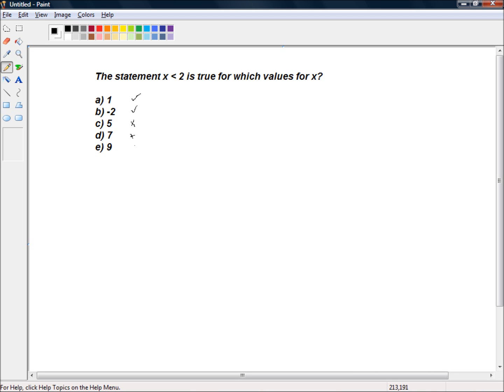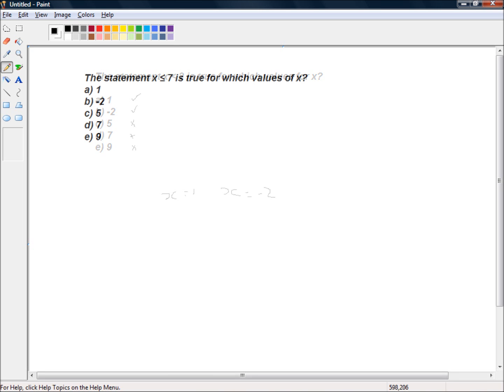And 9 is bigger than 2, so that statement is false. So, of the options we've been given, x equals 1 and x equals negative 2 are the only numbers on that list that would satisfy the statement x is less than 2.